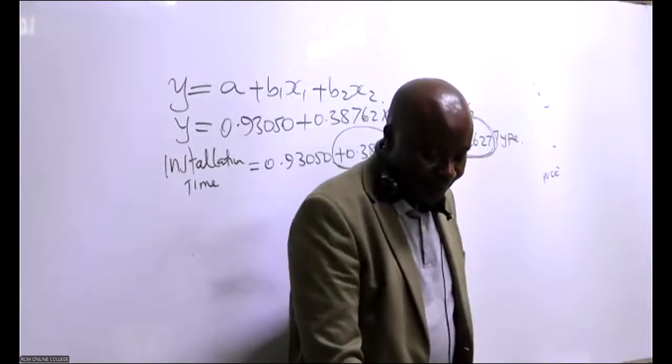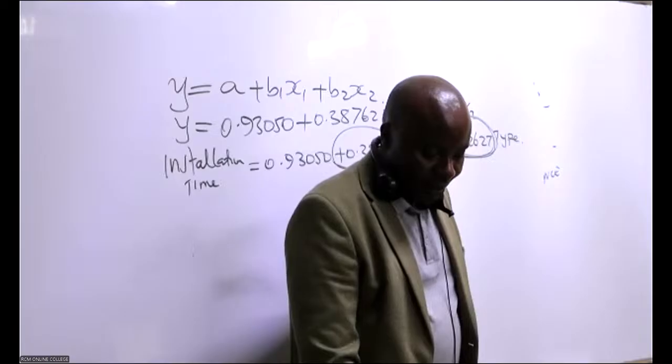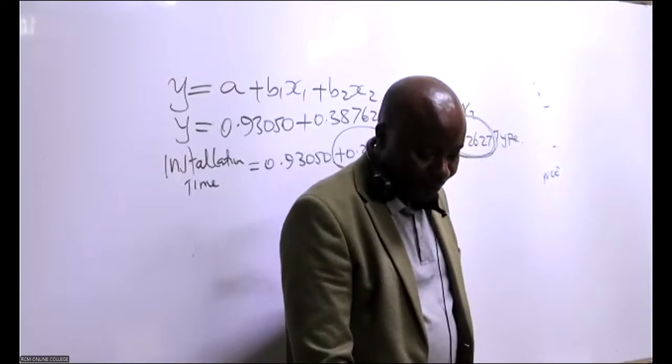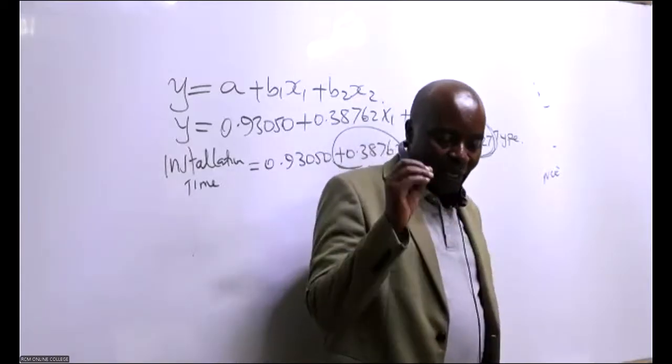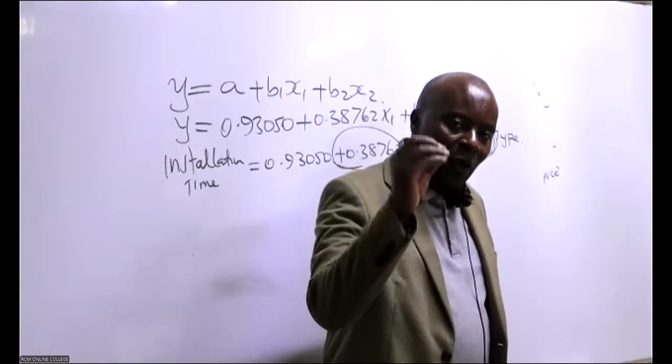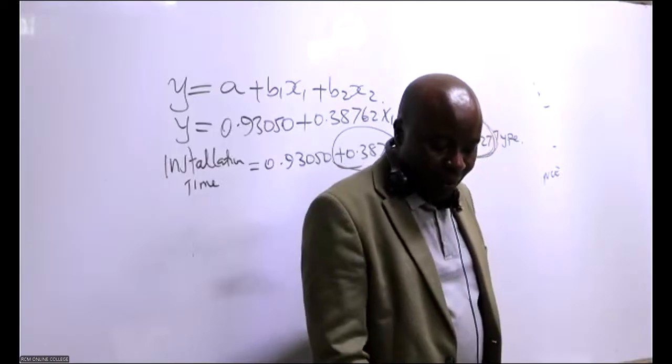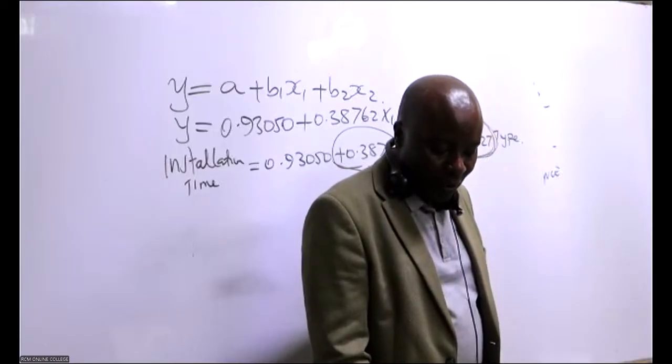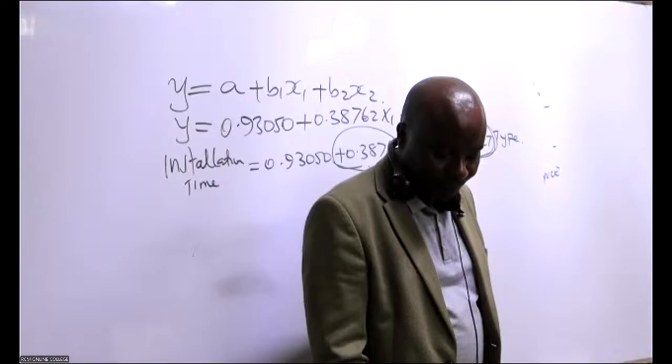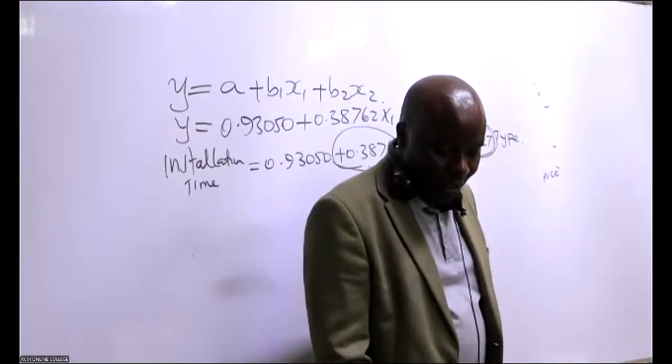All right. Now, ladies and gentlemen, here we are. We have been able to get XA to XE. We've been able to write down the regression equation. Now what do they want us to do next?